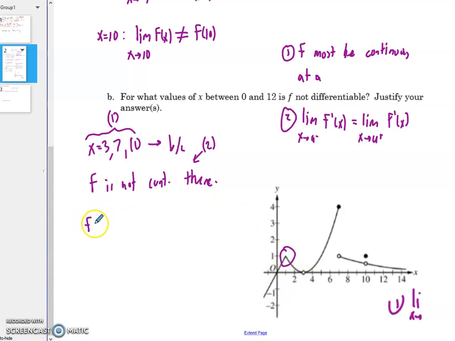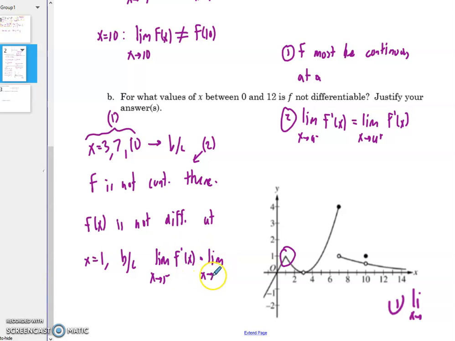So you could say f of x is not differentiable because the limit as x approaches 1 from the left of the derivative does not equal the limit from the right.